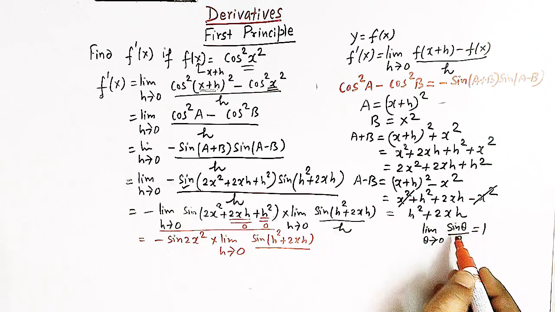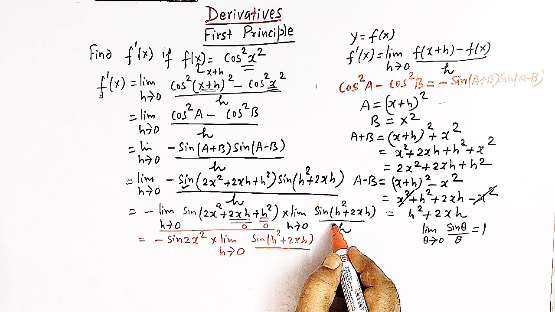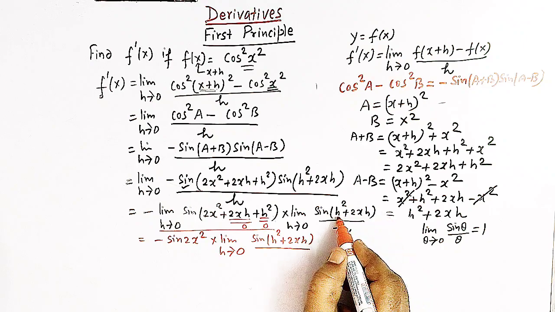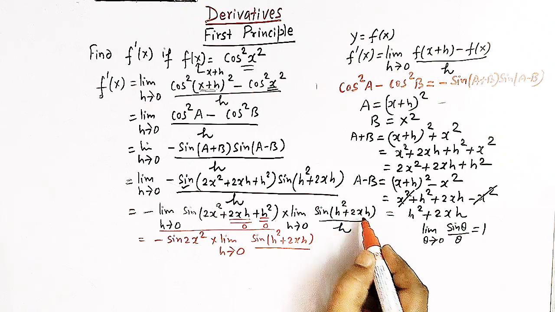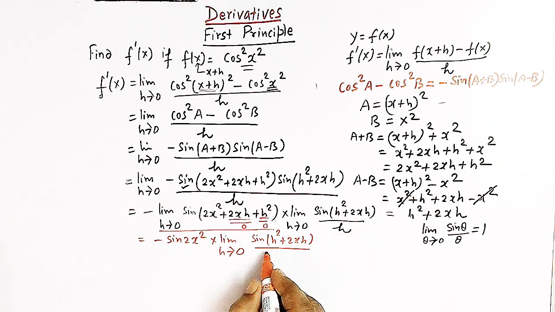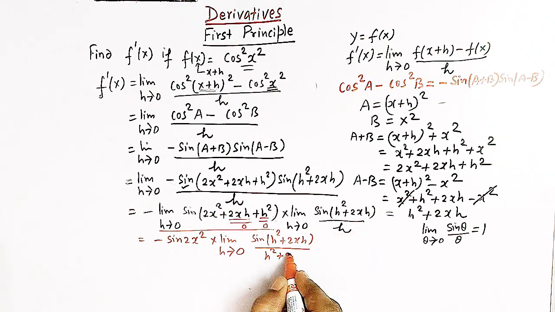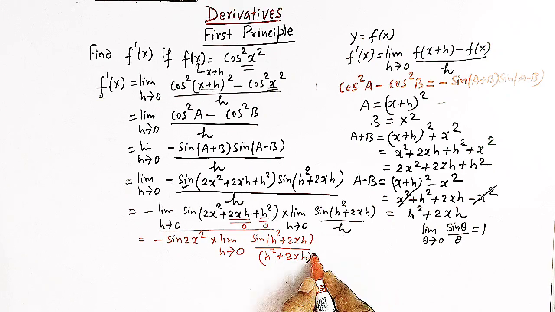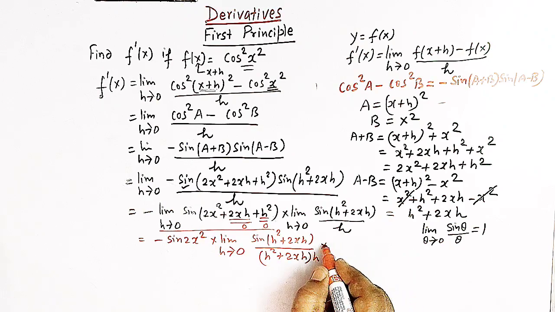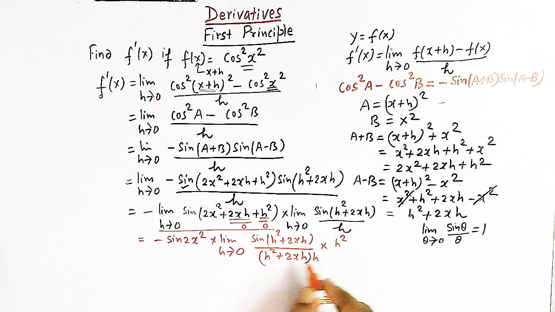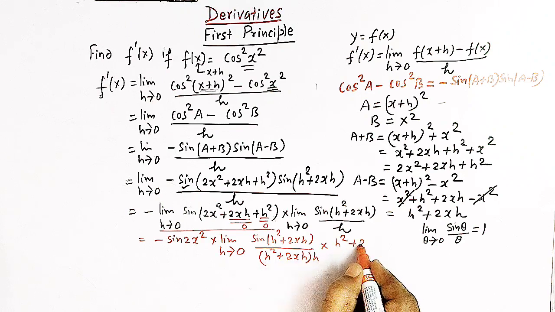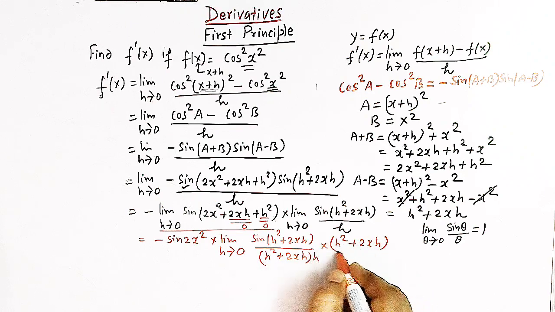We wish to apply this result over here. So what we will do, we'll try to create a term h square plus 2xh in the denominator as well. So we have h square plus 2xh here, and this h can be written over here, and to cancel out this term we have to multiply the numerator by the same term, that is h square plus 2xh, right?